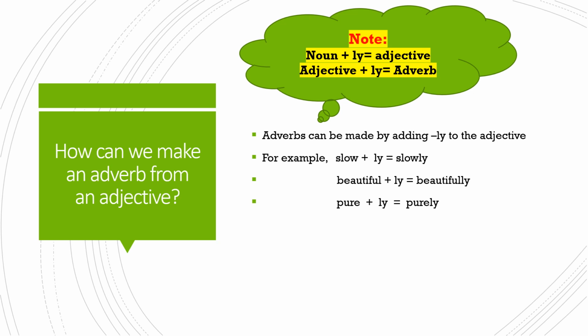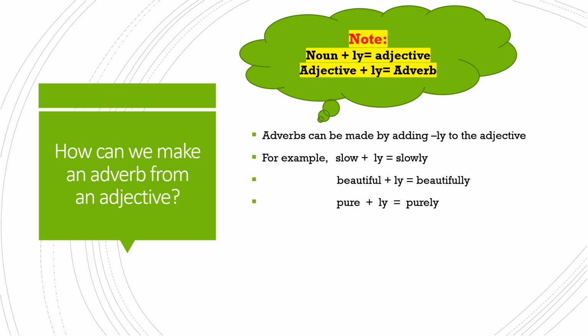Don't forget this difference, because it always makes you confused when ly comes with certain words. So you have to separate the main word from ly and see if it stands alone as a noun, then it will be an adjective.